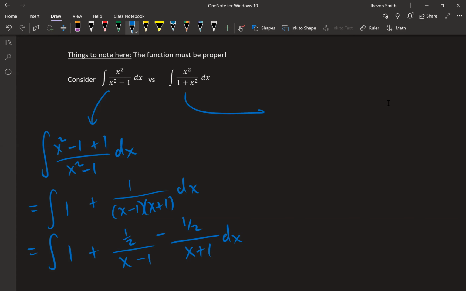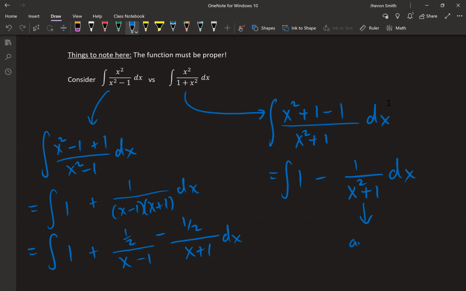This one is going to be the same thing. I would just think of x squared plus 1 minus 1. This is going to be the integral of 1 minus 1 over x squared plus 1. And this guy, you'll notice that that is the arctangent integral.